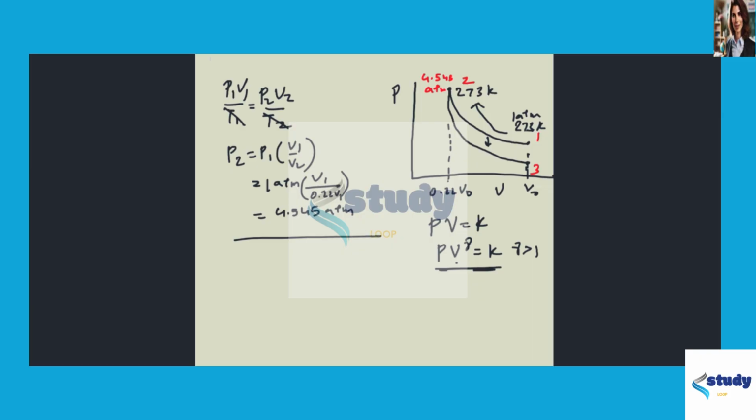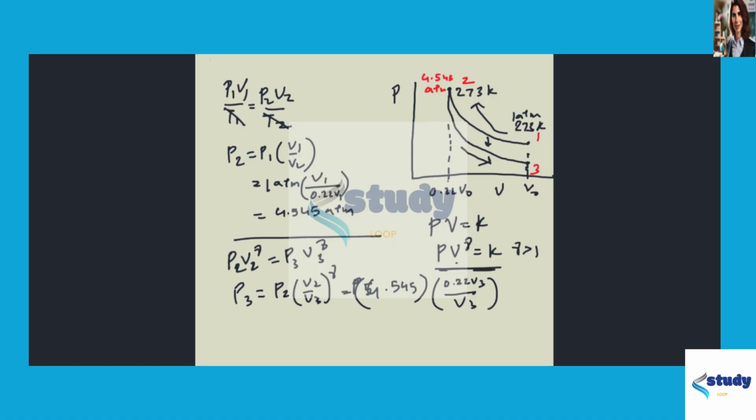Now, during process 2, the law followed is P2 V2^gamma is equal to P3 V3^gamma, which means P3 is equal to P2 times (V2 by V3)^gamma. So P2 was 4.545 atmospheres times (0.22 V3 divided by V3) to the power gamma, where gamma, because it's a monatomic gas, would be 5 by 3.